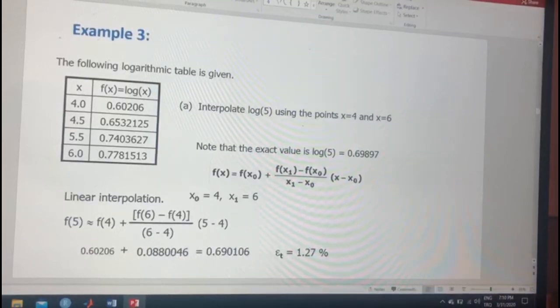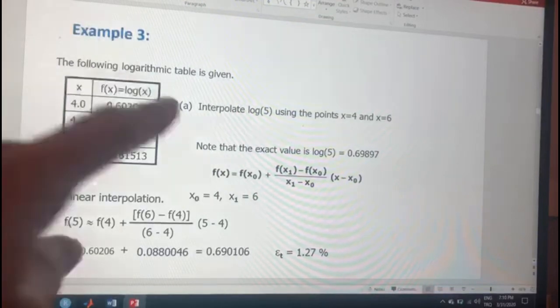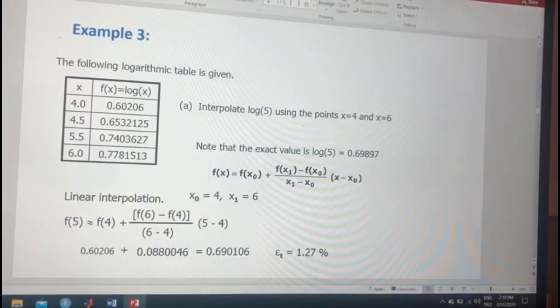So let's choose the points 4 and 6, as the question tells us. And you know this was the function for the linear interpolation. Since x0 is the first point and x1 is the next point, x0 is 4 and x1 is 6. These are the points we will be using.